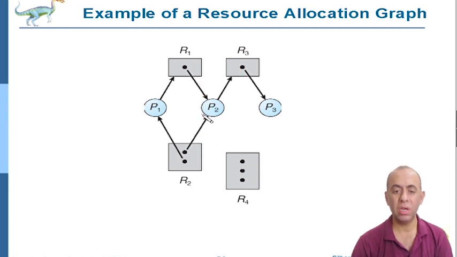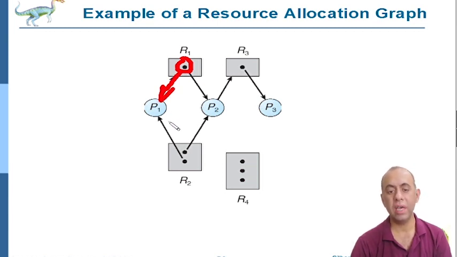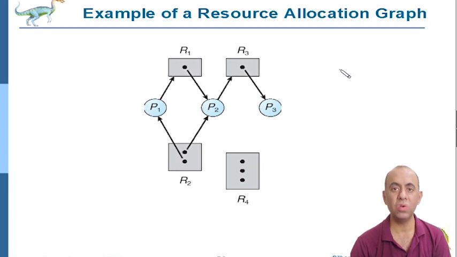So now P2 can go on with its execution, and when P2, no matter after how much time, is done with its execution, it will release R3, R1 and this instance of R2. So when this happens, this single instance of R1 is given to P1, and then P1 finishes execution, because P1 was only waiting for R1. So this is an example of a resource allocation graph where there is no deadlock.